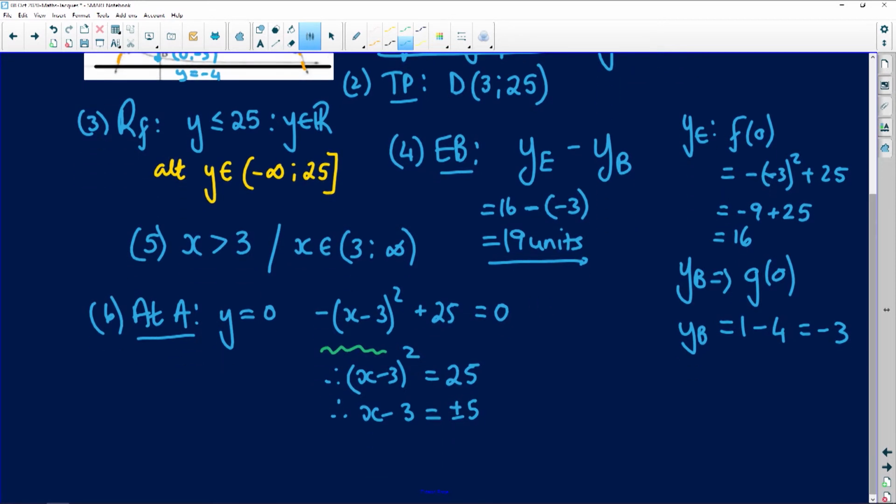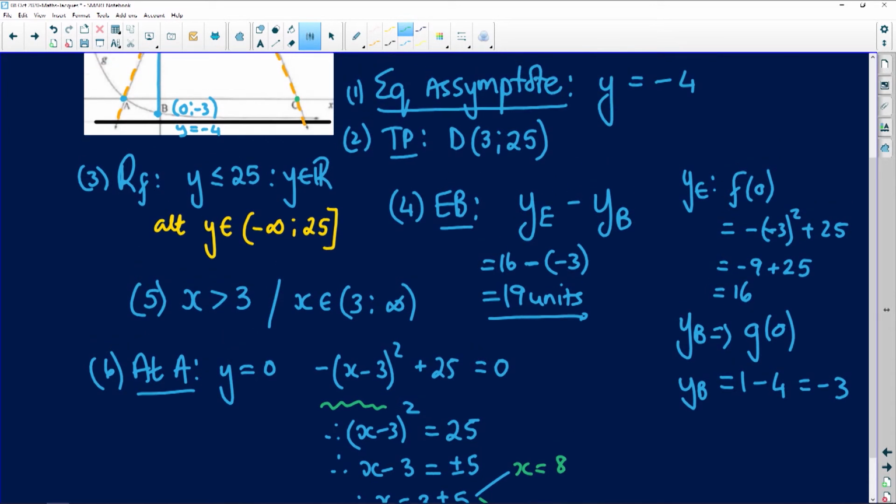And at this point, we need to split it up again. So x is equal to 3 plus or minus 5, and now we need to make our choice. The one choice is x is 8, and the other choice is x is minus 2. We are on the negative side, so we found this point as 8 and 0, but we actually want to work with minus 2 and 0.